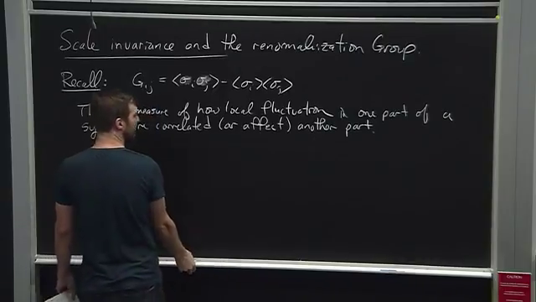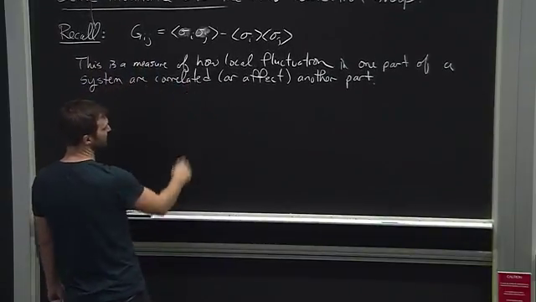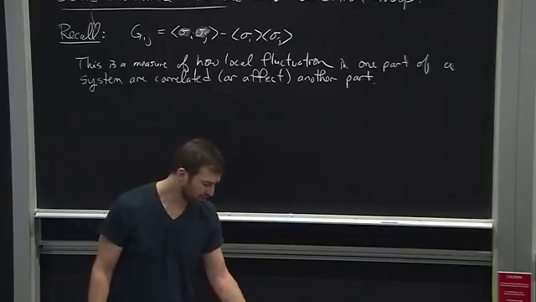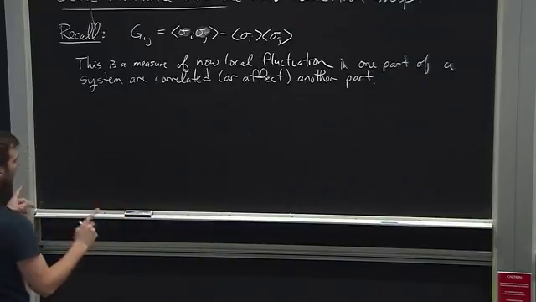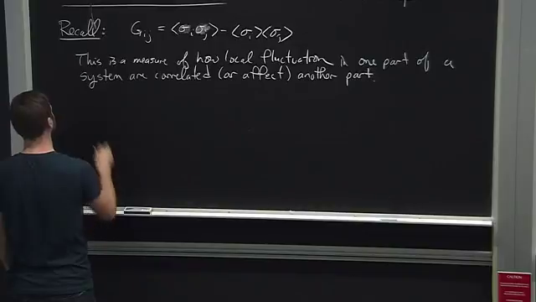So the influence of one spin on another occurs over a characteristic distance.